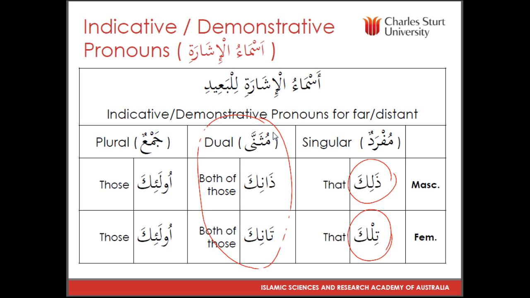First paragraph: هذا ابن حامد وهذه بنت ياسر. So what are we practicing at the moment? Demonstrative pronouns for close objects. هذا ابن حامد: this is Hamid's son. So this is also a phrase of what? The son of Hamid, mudaf and mudaf ilayh.